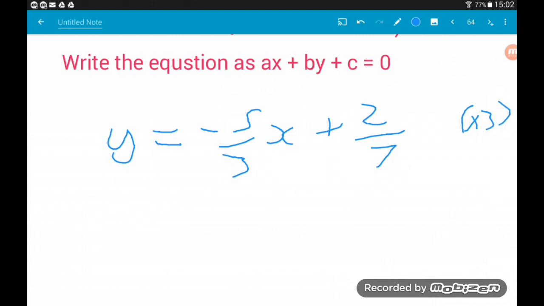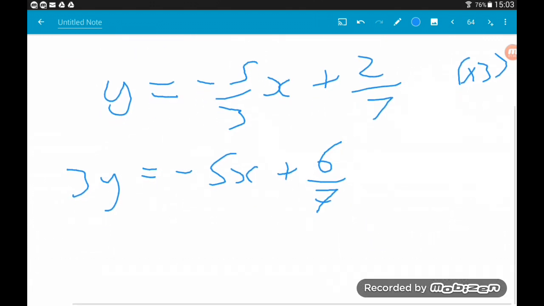So that's going to give us 3y equals minus 5x plus 6/7. Okay, that's sorted out the fraction and gradient. Now I'm going to multiply through by 7 to sort out the fractional y-intercept.